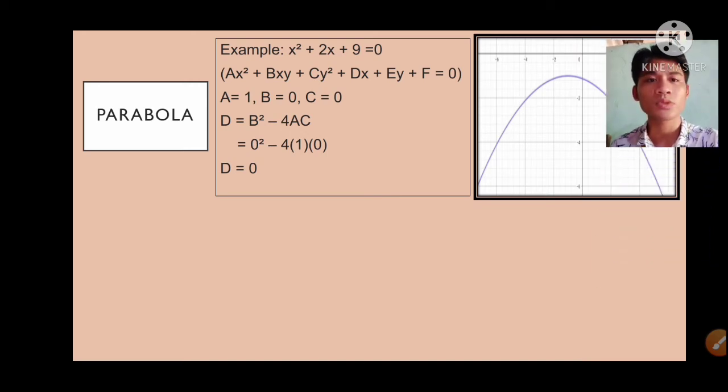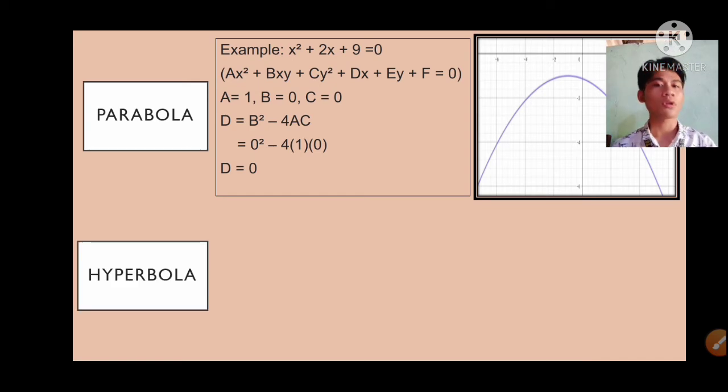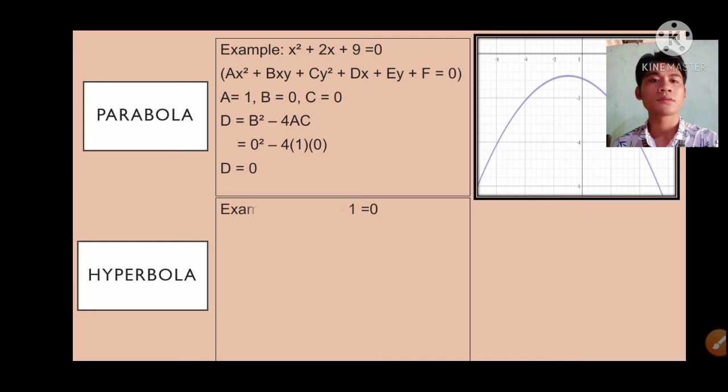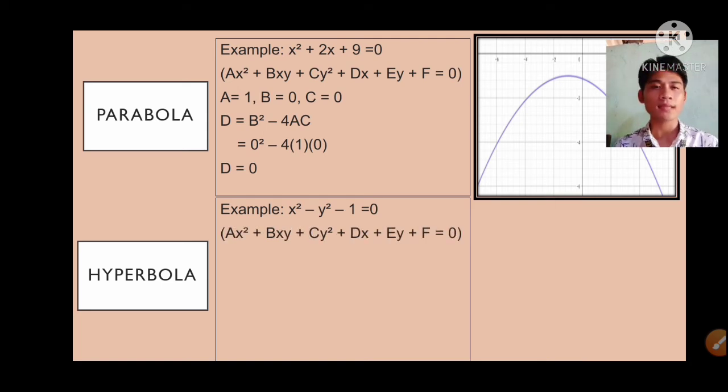So next would be the example of a hyperbola. Given example: x squared minus y squared minus 1 is equal to 0. Again, the standard form is ax squared plus bxy plus cy squared plus dx plus ey plus f is equal to 0. Then just find the value of each coefficient with the same variables from the given example.